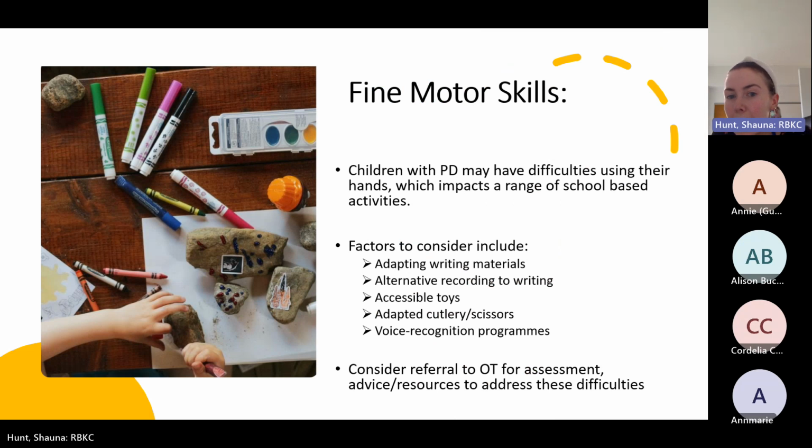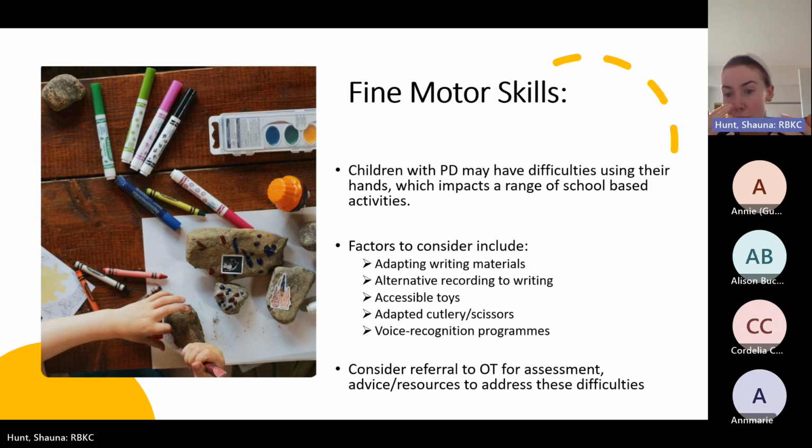Okay, and thinking about fine motor skills. Children with physical disabilities may have difficulties using their hands, which impacts a range of school-based activities. For example, the child might have poor hand movement, poor grip, and they might also have a loss of sensation in their hands.